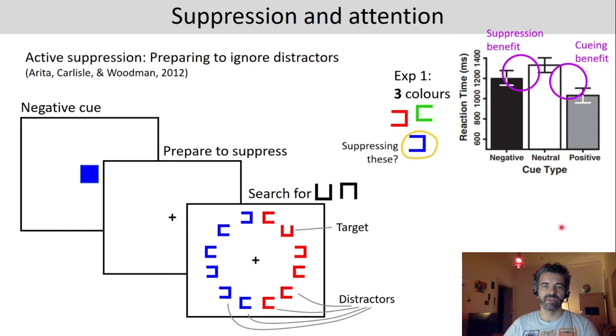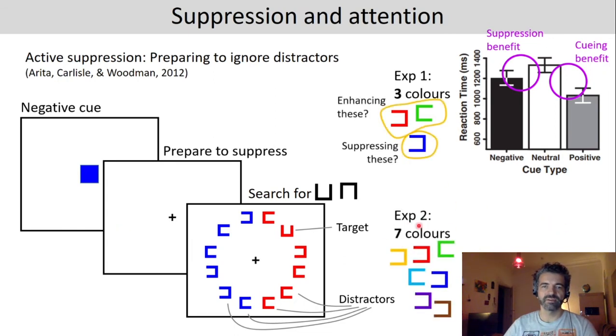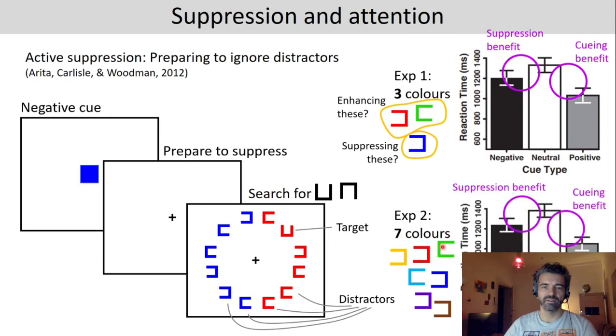but in a follow-up experiment they also used 7 colors and replicated the results, and it's very unlikely that a participant would, instead of using, in this example, blue as a negative cue, build up a target template of 6 different colors.